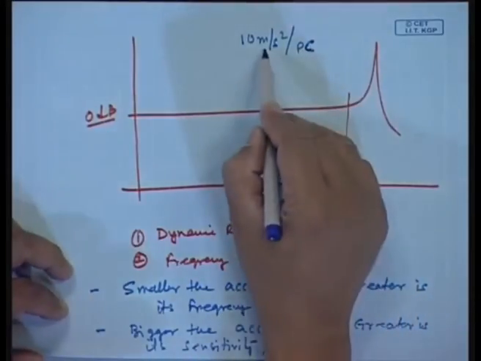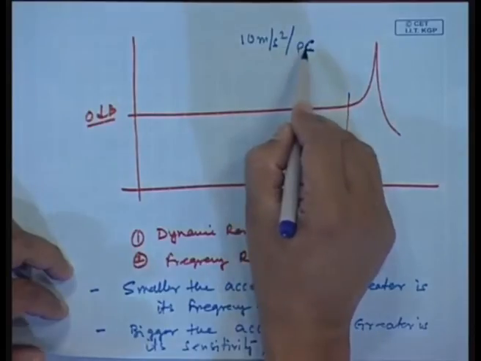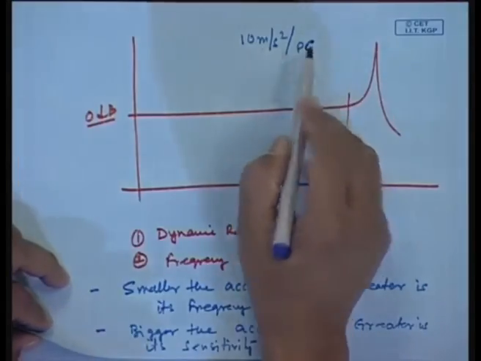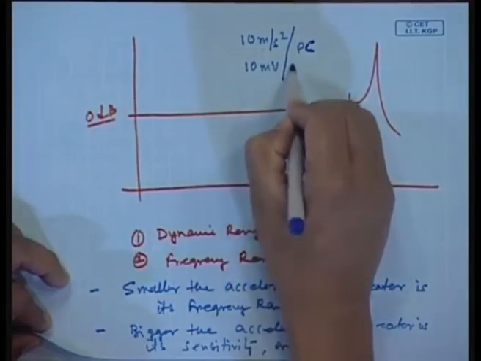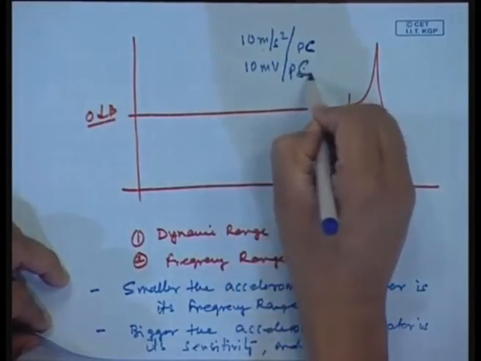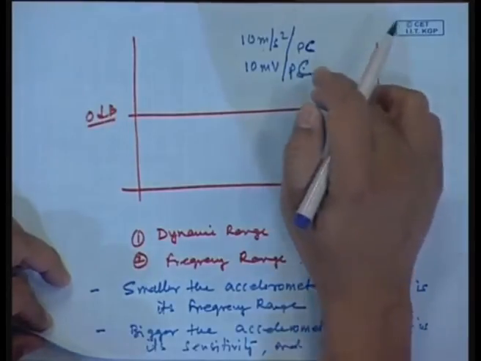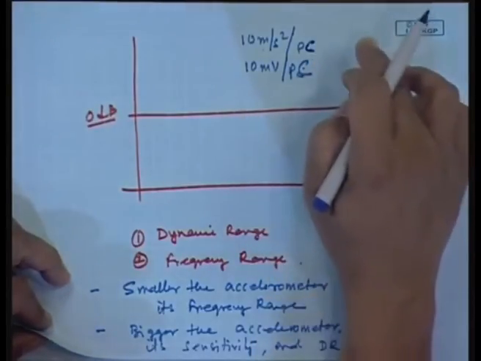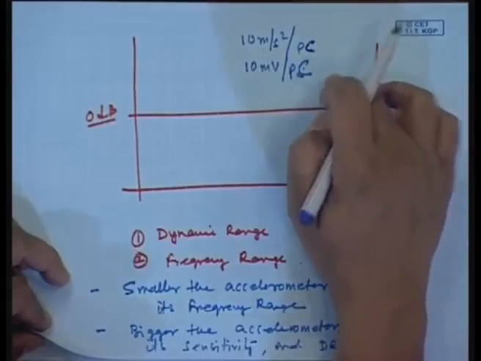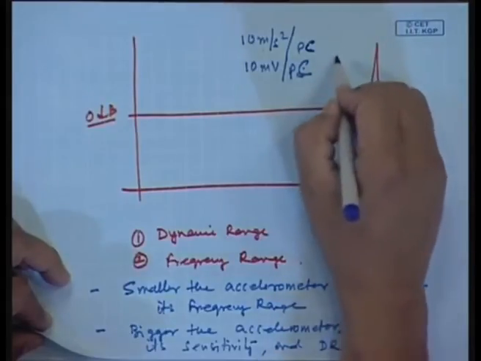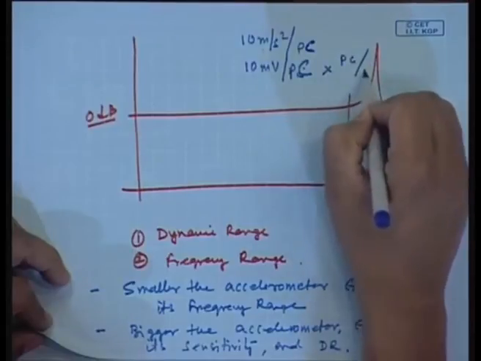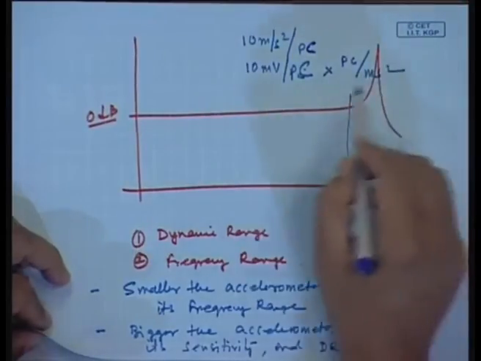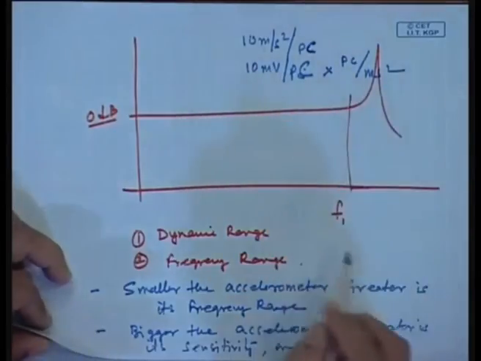Or let me put it this way, 10 millivolts to picocoulomb, and this will be converted to picocoulombs to meter per second square, and then we will have another conversion, and then finally, we will get millivolt to meter per second square.